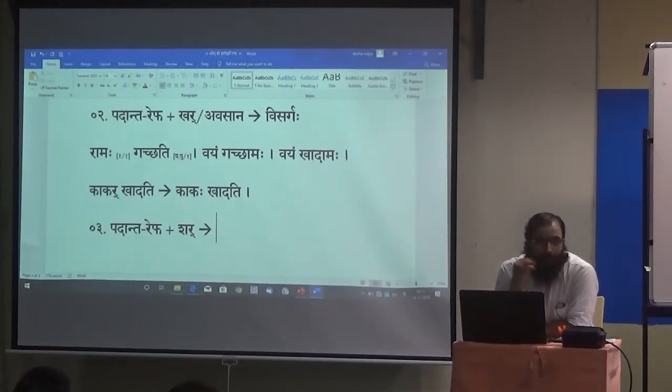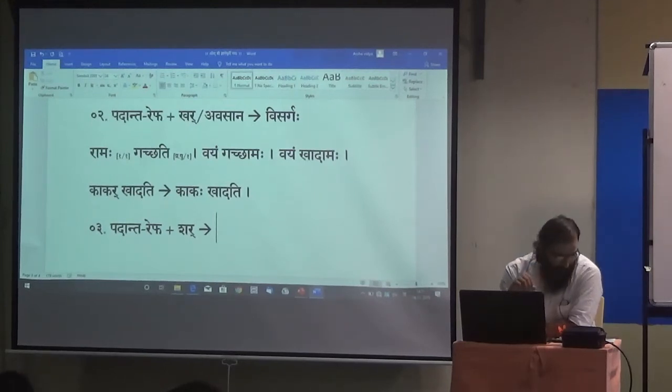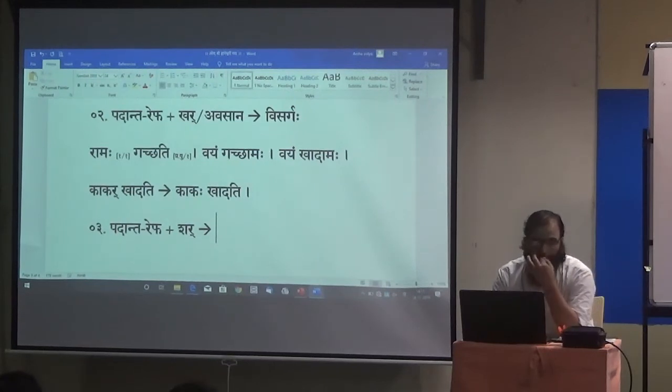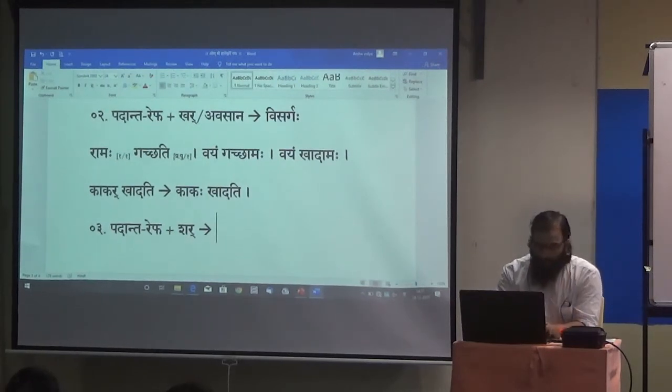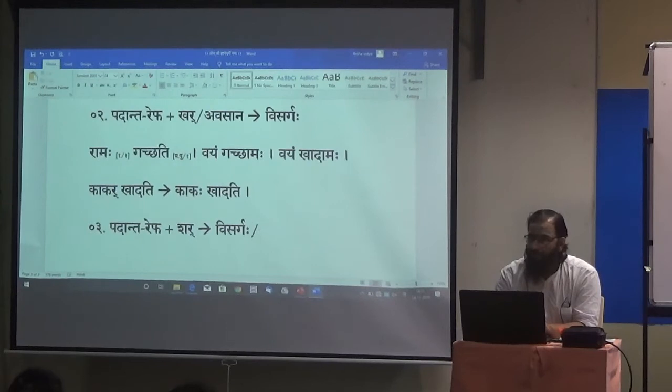Now we are going to see. A Padanta Repa followed by a Shar, what happens? The Repa will become Visarga following the previous rule. Yes or no? Yes. Because Shar is part of Kar. So when a Kar follows, what will happen to the Repa?